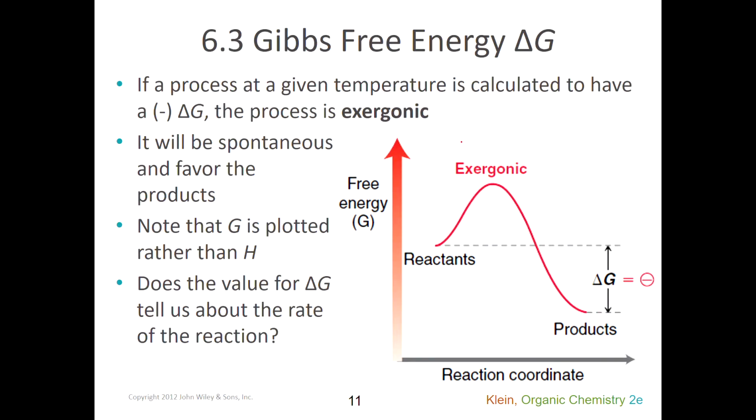So if you recall from Gen Chem, we introduced the terms exergonic and endergonic versus exothermic and endothermic. So changing the thermic root word to gonic means we're talking about delta G instead of delta H. Right? So now we know delta H only covers the change in stability for the reactants and products.